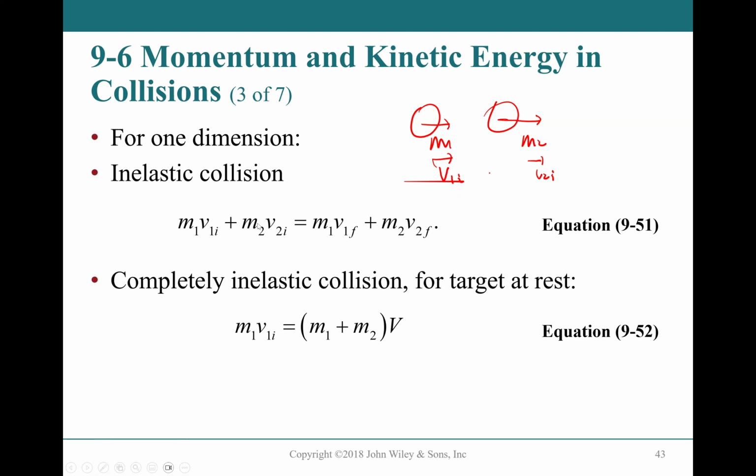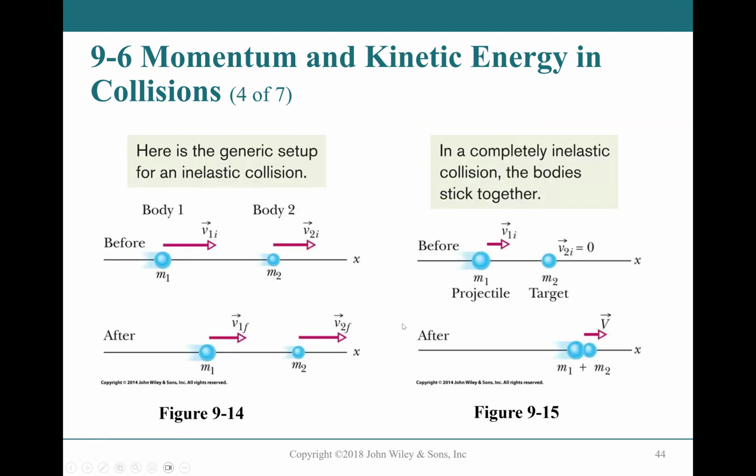Okay, so here, if our M2 is at rest, then for a completely inelastic collision, M2's initial velocity goes to 0, then M1 V1 initial, they are going to stay together after the collision, and it will be equal to (M1 plus M2) times V. So they have the same velocity: V1 final and V2 final are the same, which is the big V here.